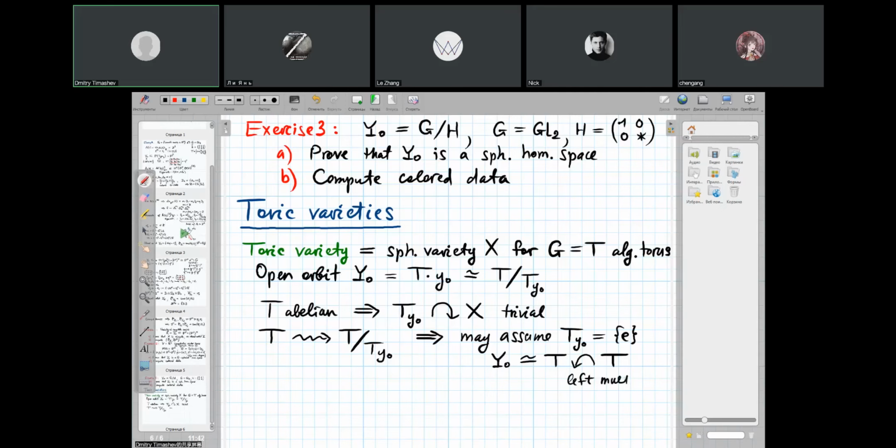So the open orbit is T itself acted on by itself by left multiplication. And we shall always adopt this convention for the sequel. So we assume that T acts effectively. This means that the stabilizer of the open orbit is trivial. So we adopt this convention.